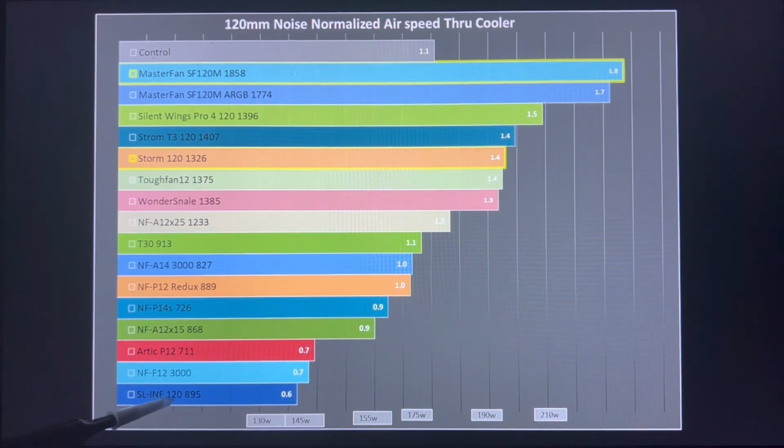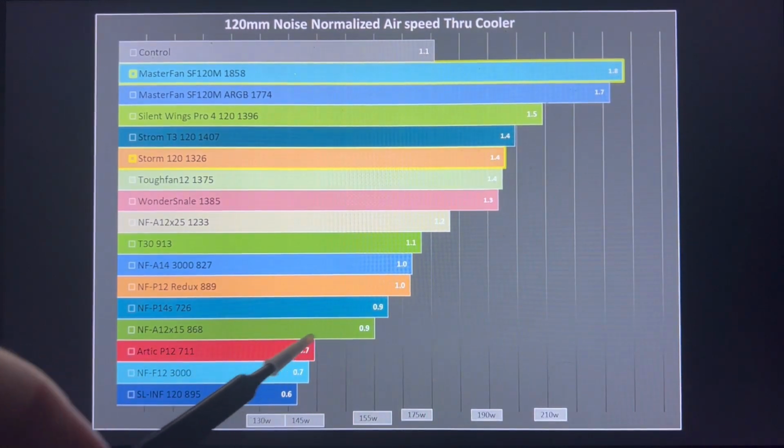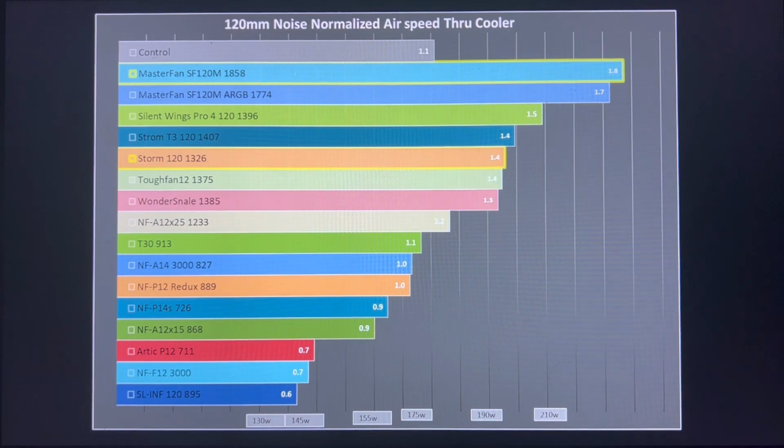So even the SL Infinity 120, these could all be considered functionally equivalent based on the error in my anemometer. However, in actuality, I got averaged results and ran this test several times, and the Arctic P12 came out consistently higher than the NF-F12 at this noise reading. So they are in the order they're in for a reason, but if they're within that 0.1 meters per second, you could consider them to be functionally equivalent.